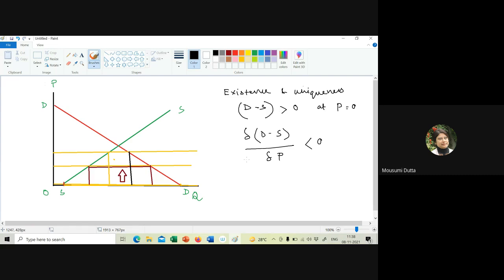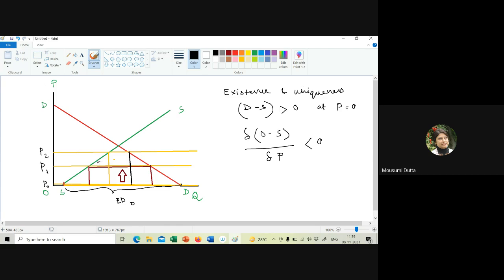So if I write del (D minus S) by del P less than 0, this means an inverse relationship between D minus S and P. That is, as price increases, D minus S starts to fall. So as price increases from, say, level 0 to level 1 to level 2, what we are graphically finding is that initially this was the volume of excess demand, ED0.